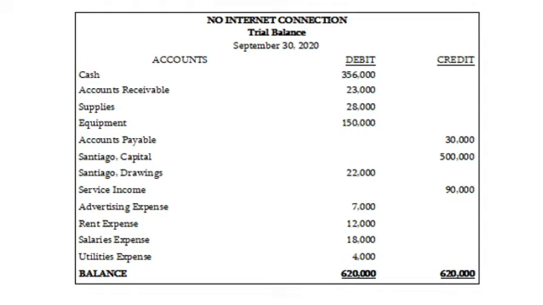Dapat nandito yung first, yung name ng business, No Internet Connection, kasi nga internet cafe yung business ni Mr. Santiago. Next is kung ano yung pangalan ng ating statement na gagawin. So, since trial balance, lagay natin dito trial balance. And then, wag natin kakalimutan yung date. So, yung end of the month na yon is September 30, 2020.